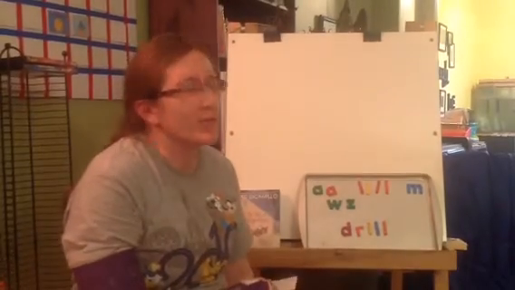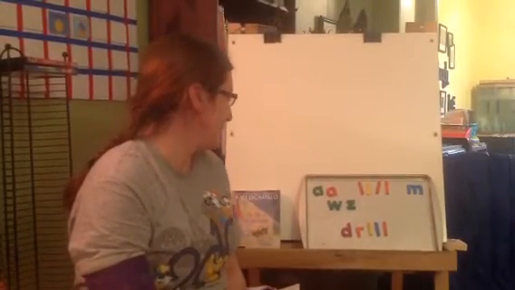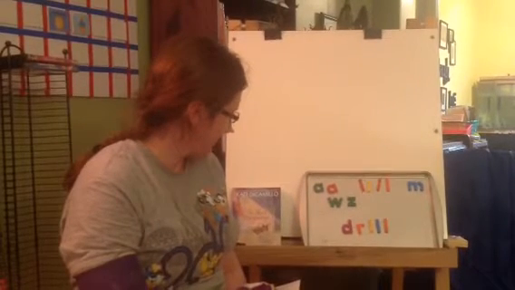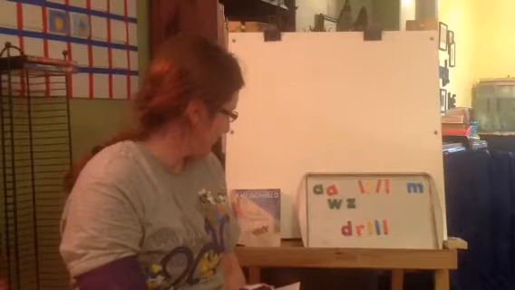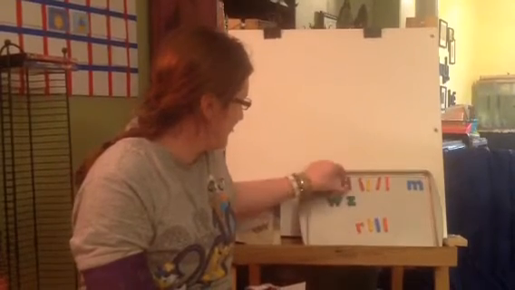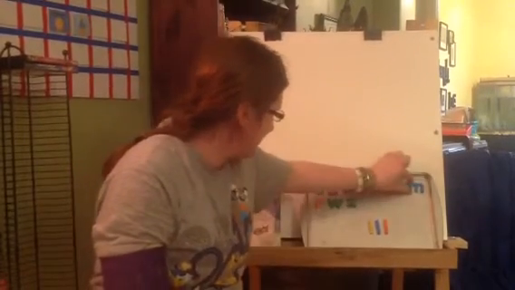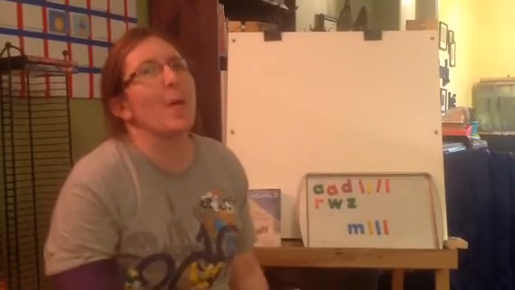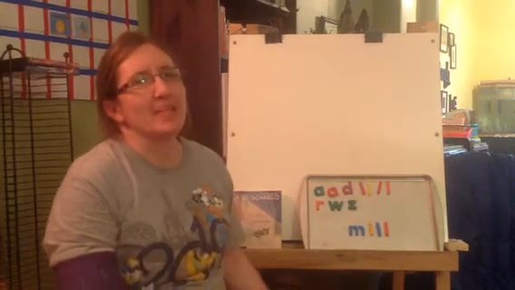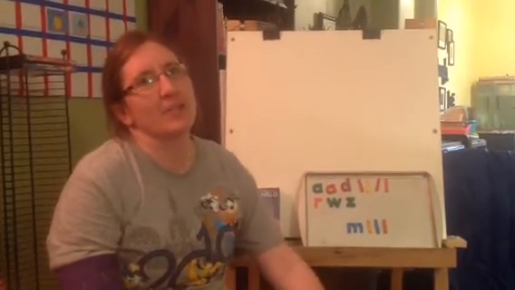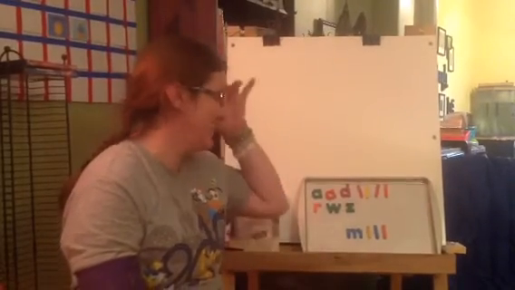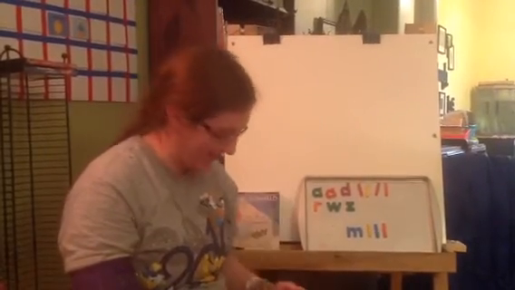If you don't have drill, add it to your list. I'm going to trade my DR for an M to make the word mill, like the place where they make flour so we can have bread and donuts and pizza and stuff like that. If you don't have mill, you can add it to your list.